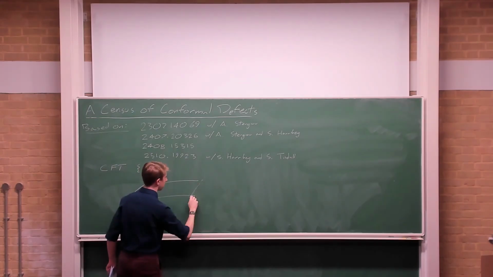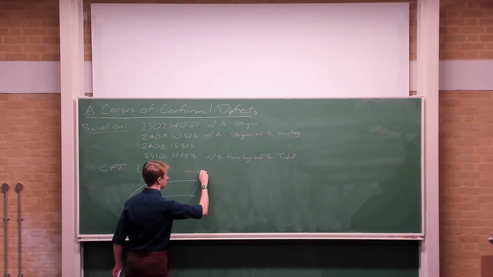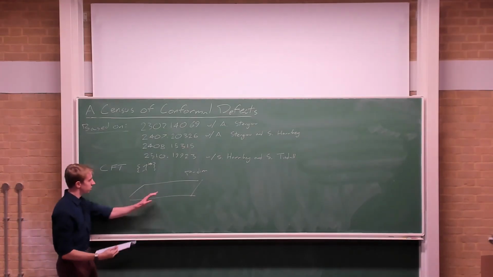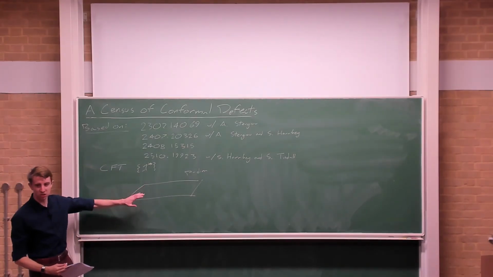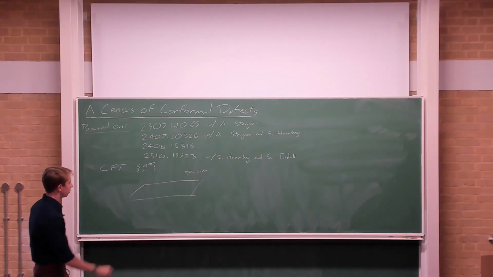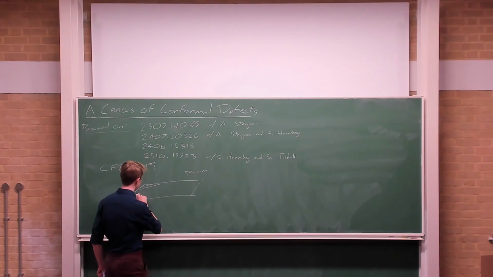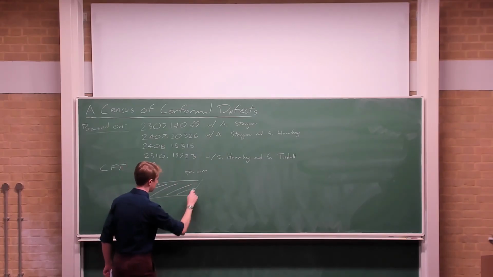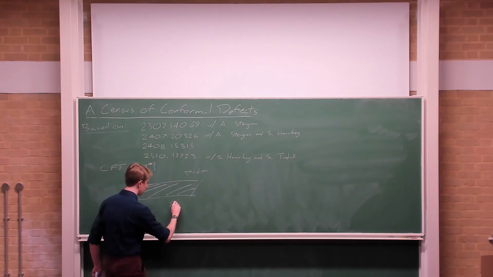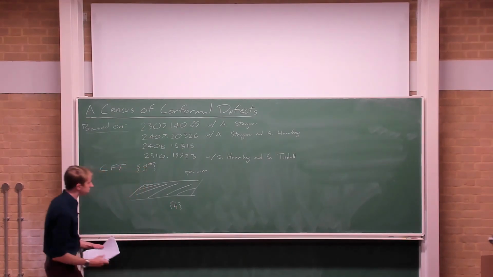So we'll put some p-dimensional hyperplane. In principle, you can curve this, you can make it whatever surface you like, but for simplicity, we'll stick to just a flat hyperplane in p dimensions. And we want to add interactions localized to this submanifold. So there'll be some couplings h.